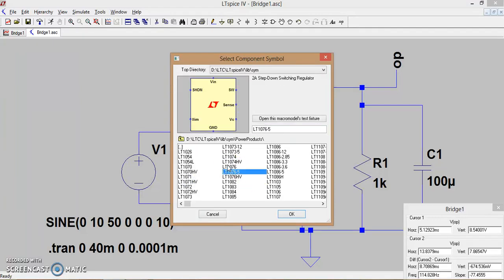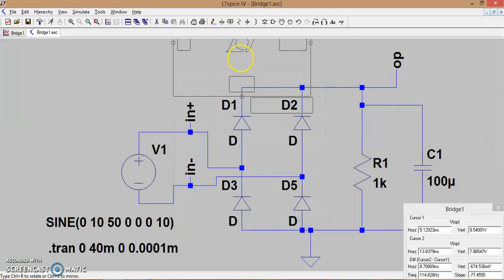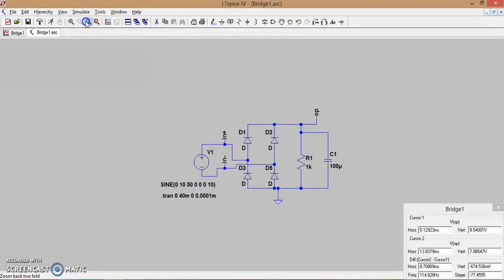Just go on clicking each one of them and look for a regulator, which is here, you can see there is a 1.5 ampere, and so on. You can either select this, or you can select any regulator which has a constant output voltage. Let me select this and then place it here comfortably.